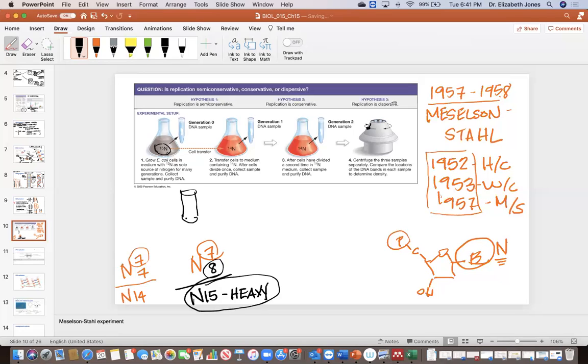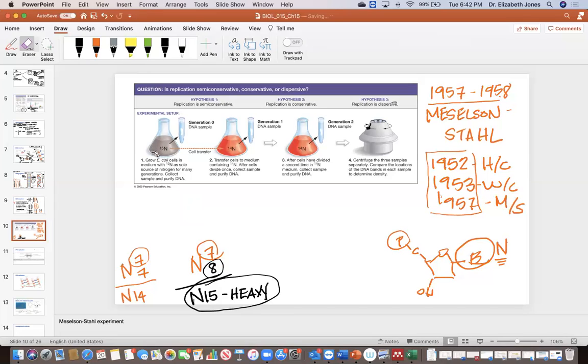So anything that had heavy nitrogen in it would sink to the bottom of a test tube. If you had something that had lighter nitrogen in it, it would be maybe toward the middle of the test tube. So what Meselson and Stahl did was they took advantage of the fact that nitrogen came in heavy and lighter forms. So what they did is they started out with a bunch of E.